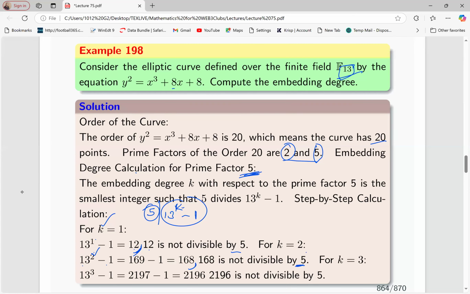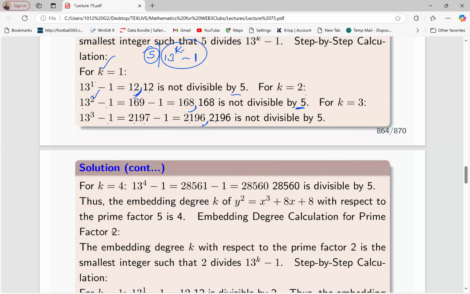Try 3. 13 raised to 3 will be 2197, then minus 1 will be 2196. But 2196 is not divisible by 5. So I try the next number, 4. 13 raised to 4 will be this, then you subtract 1, you have that. No, it's divisible.